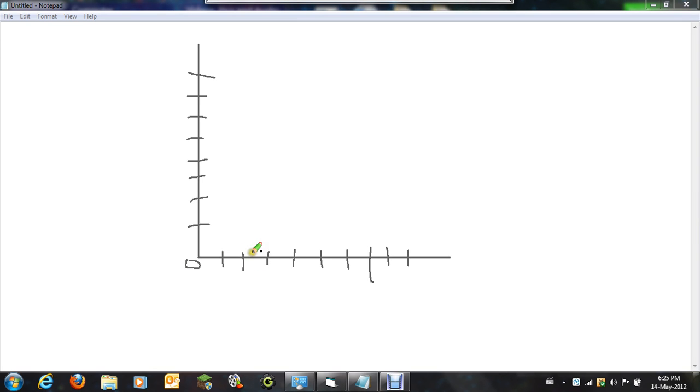We have the point 3, 2, which would be right there, and we'll put it in brackets: (3, 2). Then we have 1, 2, 3, 4, 5, 6, 7, and 6.